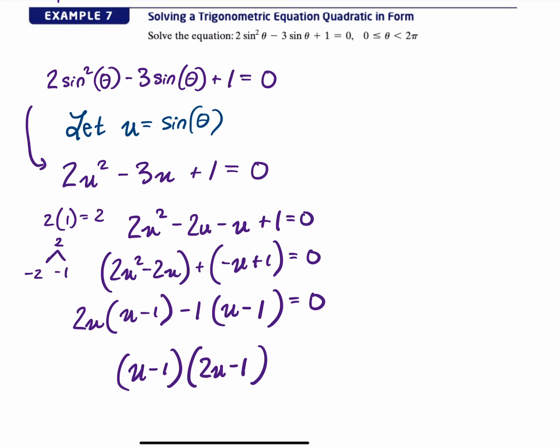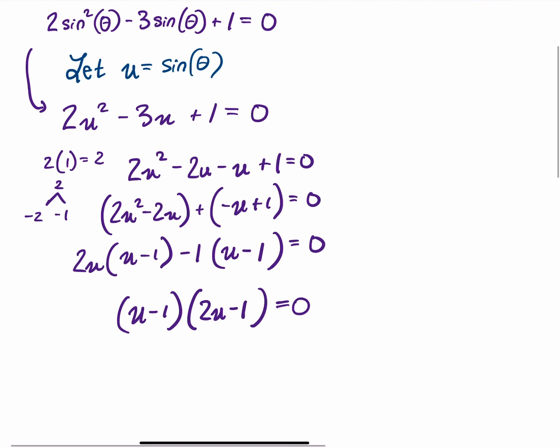Alright, so we're using a little bit of algebra skills, which we may not have done for a little while since we've been focusing so much on trigonometric values. But we're ultimately just factoring a quadratic to solve. But we're not done there. We need to solve each of these separately.